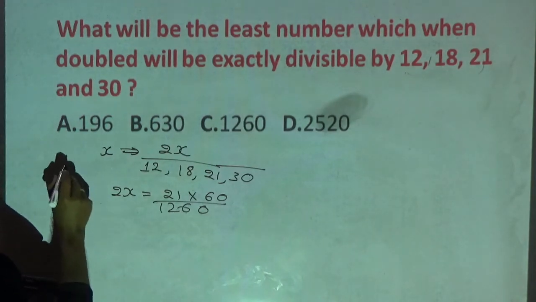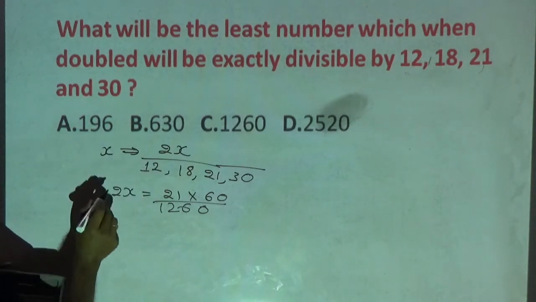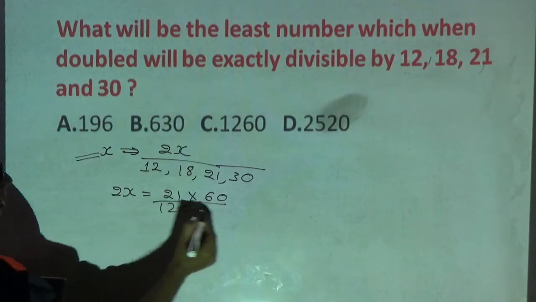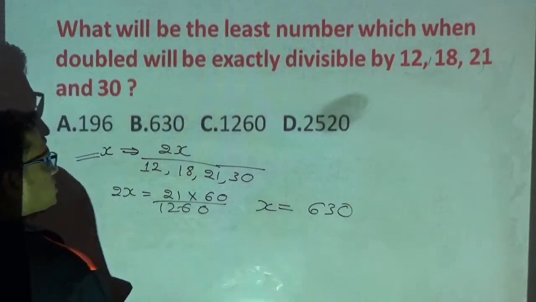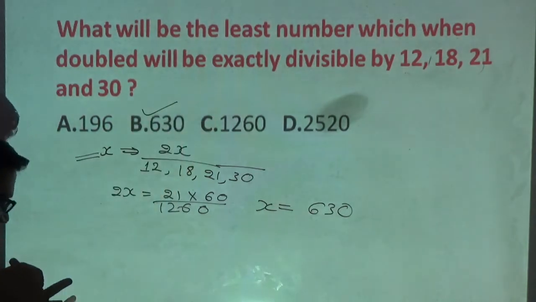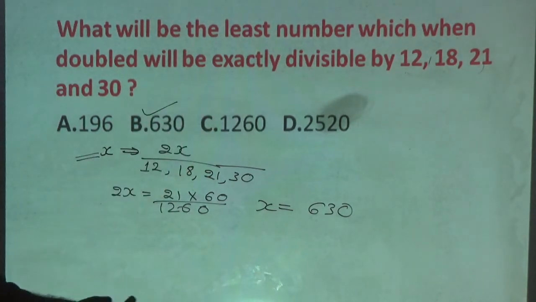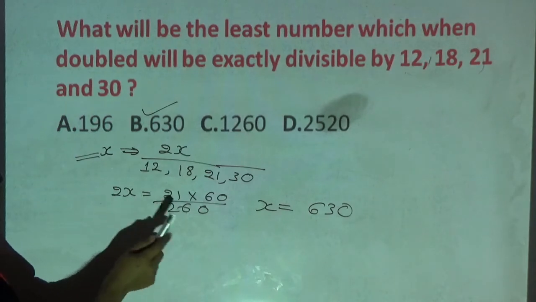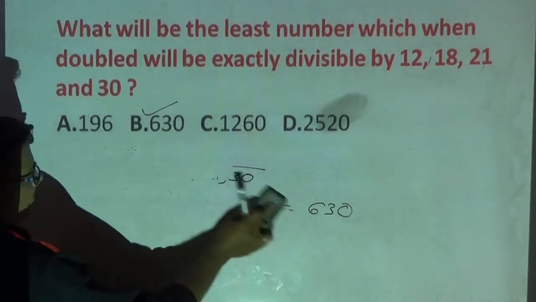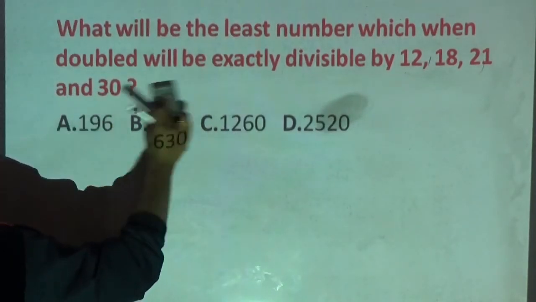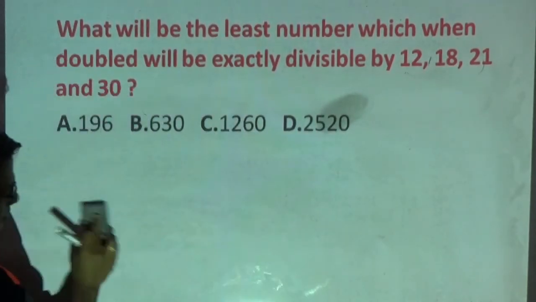But what I want is not the double of that number, I want that number. So how to find that number? Divide by 2. They are not asking for the double, they are asking for x. 2x is equal to 1260, so x is equal to 630, option B. That's it. Hope you have understood this example. I will go for the next problem now.